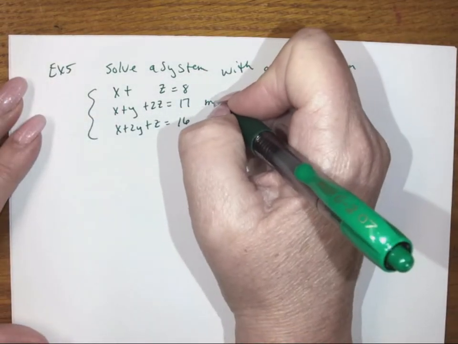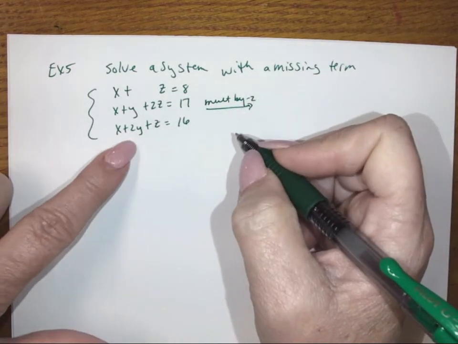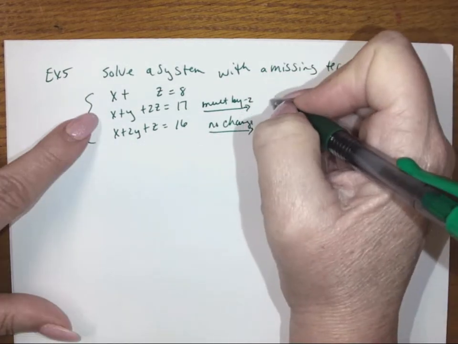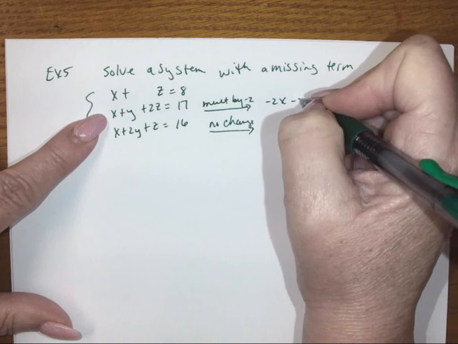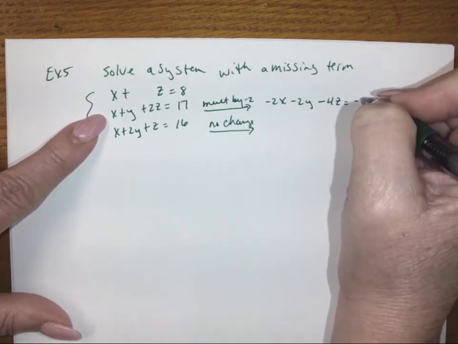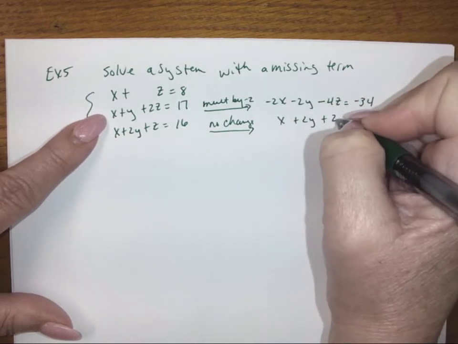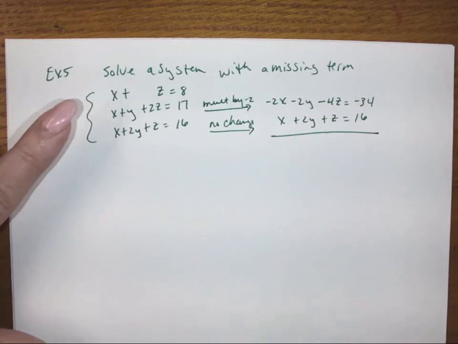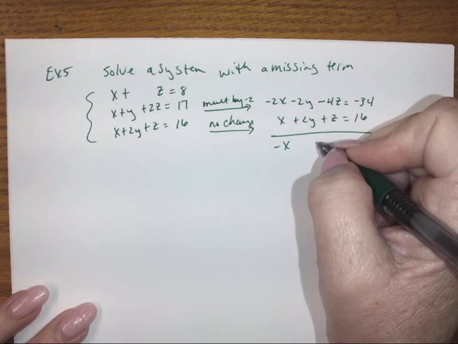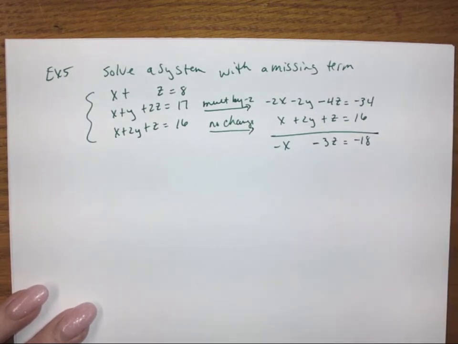So for this equation, we'll multiply by -2, and on this one, we will have no change. So we'll end up with -2x minus 2y minus 4z equals -34. And then this one just comes on over with no change. So -2x plus x will get us -x, y's cancel, minus 3z is equal to -18.